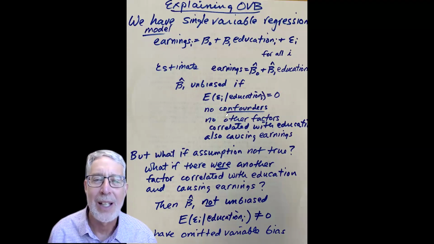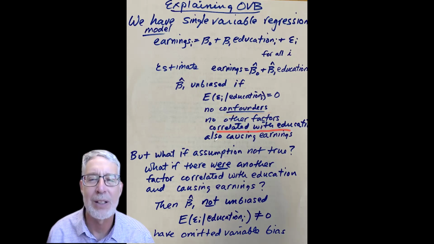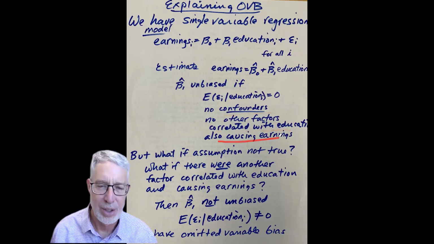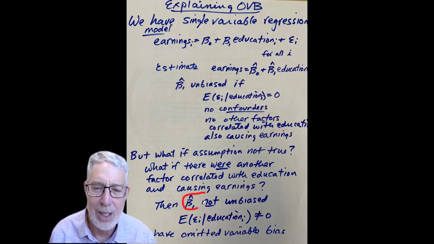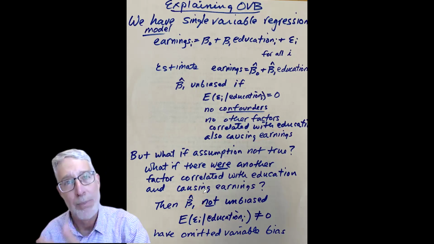That will not be the case if there are confounders, if there are other factors correlated with education and also causing earnings. In that case, beta 1 hat will not be unbiased, it will be biased.